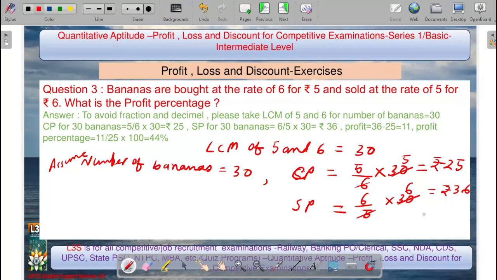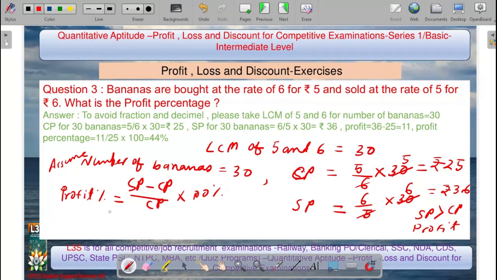So here SP is greater than CP. Then this will be profit. Now profit percentage is equal to SP minus CP by CP into 100%.